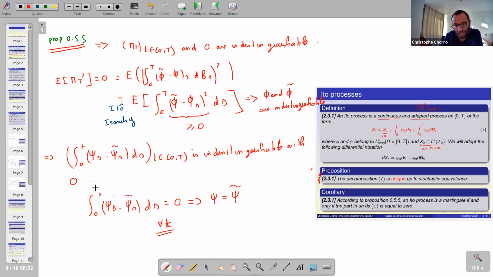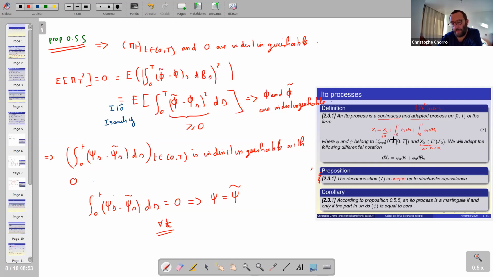Here it's true for any t, not for a fixed t. So computing the derivative, which exists almost surely with respect to the Lebesgue measure, this quantity equal to 0 for any t gives me that what I have inside is necessarily equal to 0.